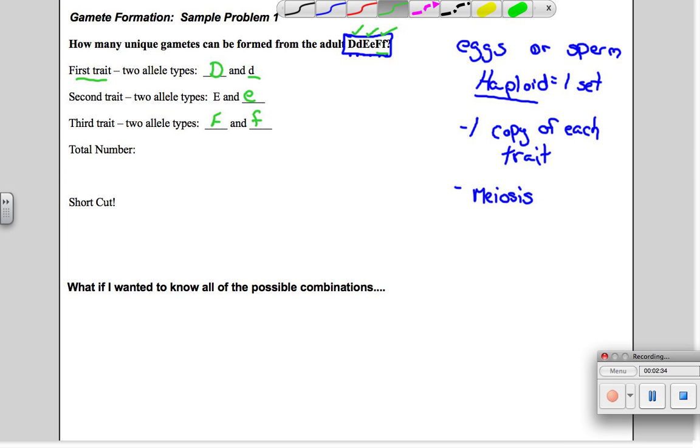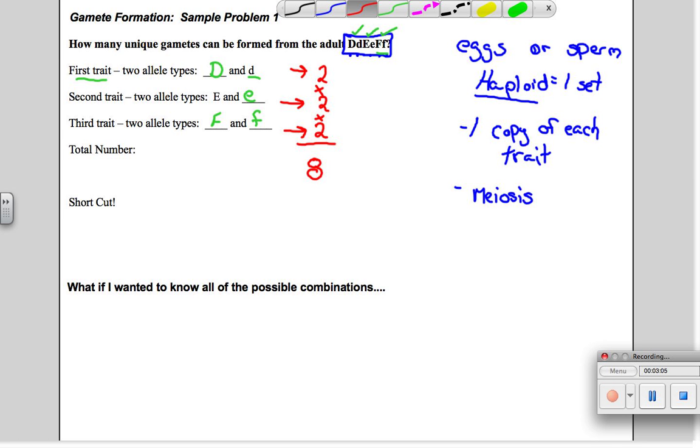I have 2 choices for D, 2 choices for E, and 2 for F. My total number of different combinations is 2 times 2 times 2. 2 times 2 being 4, times 2 being 8. I have a total of 8 different possible gametes.